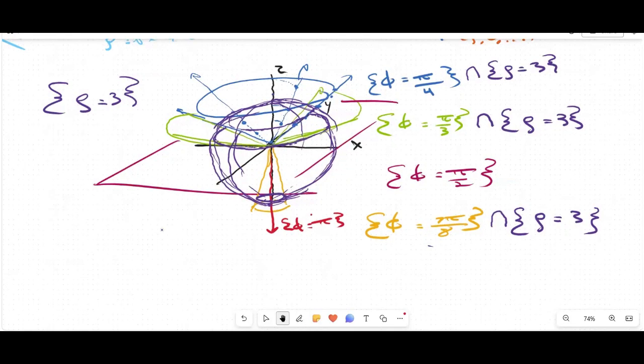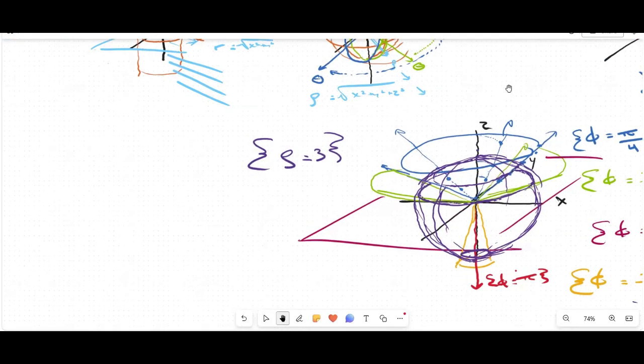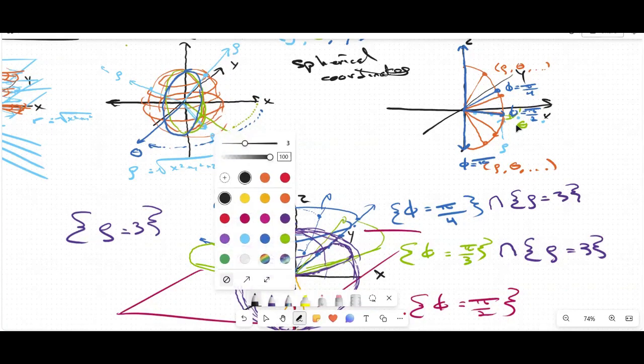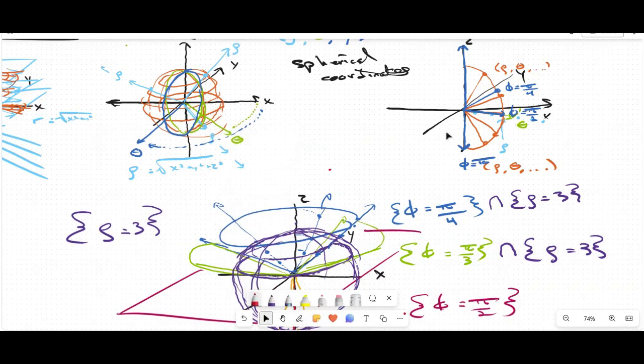And then, well, let's go back to my first drawing. If you look at this theta here or that theta there, if I did one more restriction, let's do an easy restriction. We'll do theta equals 0.